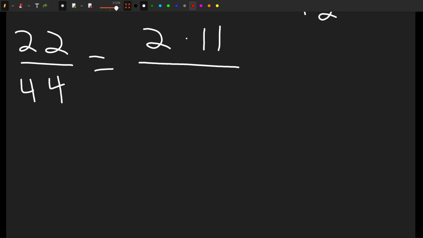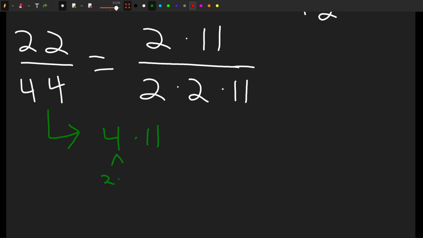And then our denominator, we can write it as 2 times 2 times 11. Keep in mind that 44, and this is just a small tangent, 44 is 4 times 11, and then the 4 can be separated into 2 times 2. And so that's why we have 2 times 2 times 11.